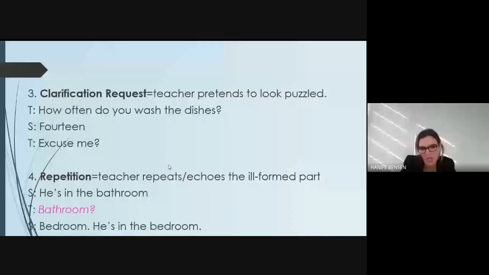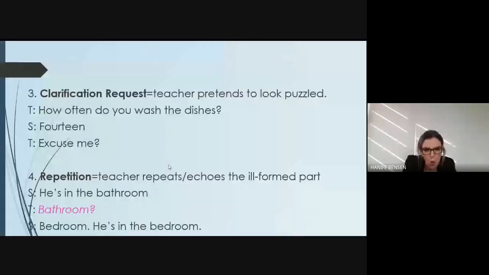The student says 14, and then the teacher says, excuse me, 14 what? So the teacher is using a clarification request here, and then the student would say, 14 for a week, and then the teacher would say, as a recast maybe, 14 times a week. And then the student will say, yes, lunch and dinner. So including lunch and dinner.